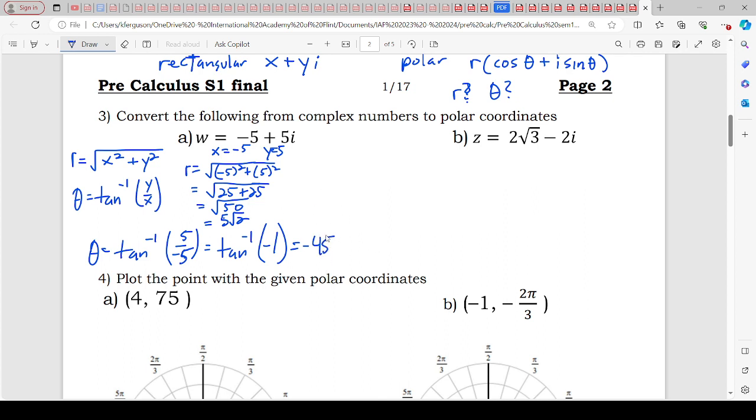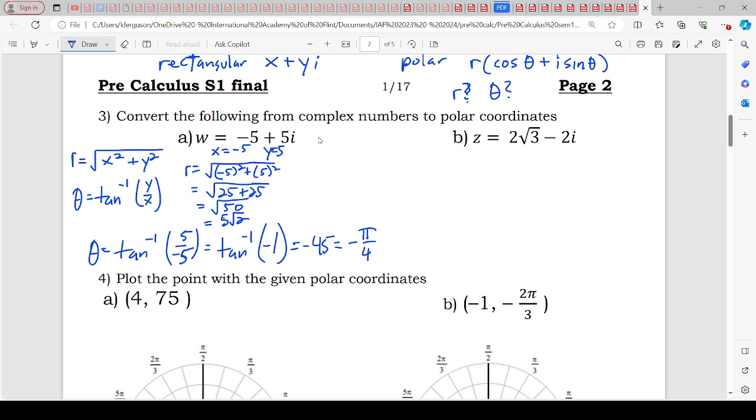Now, I want you to change the angle to radians. So you need to know how to change degrees to radians. So this is going to be negative pi over 4. Nope, it's pi over 4. All right, so now I got all the components I need.